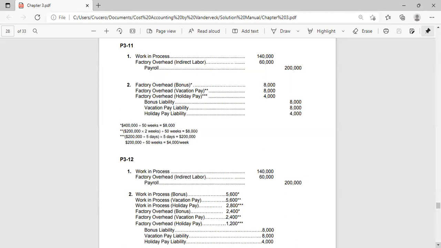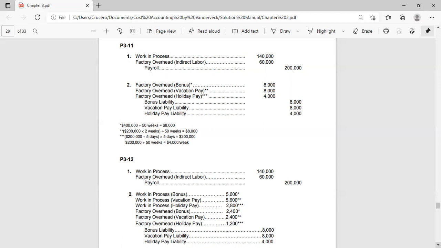Then in number 2, we debit factory overhead for the bonus, debit factory overhead for the vacation pay, debit factory overhead for the holiday pay, credit bonus liability, vacation pay liability, and holiday pay liability.